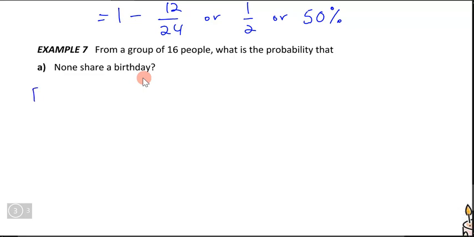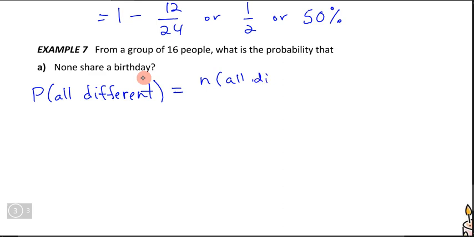So first of all, you'd look at the probability that all are different. The probability that all the people have a different birthday equals the number of ways we can all have a different birthday divided by the total number.